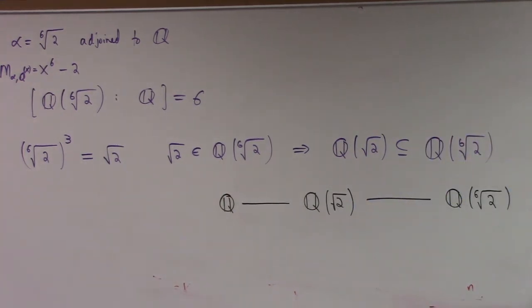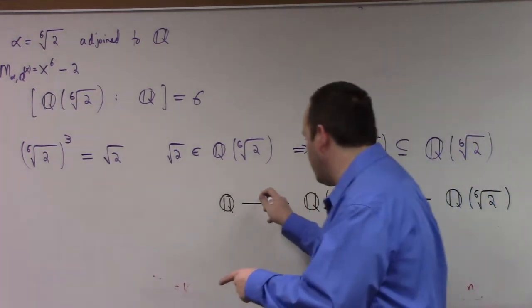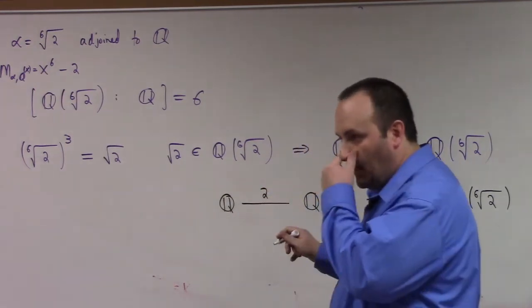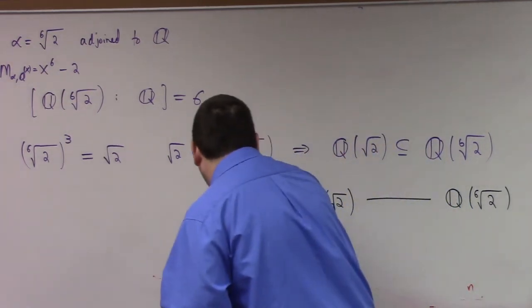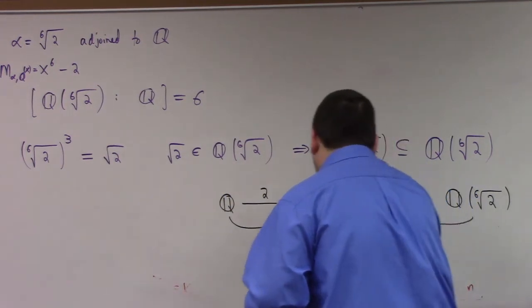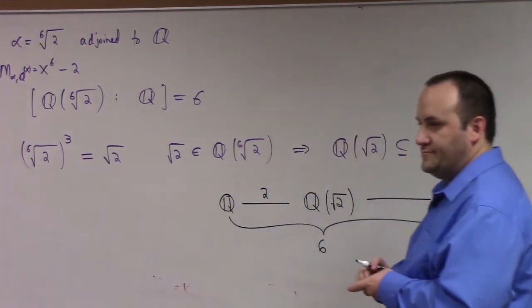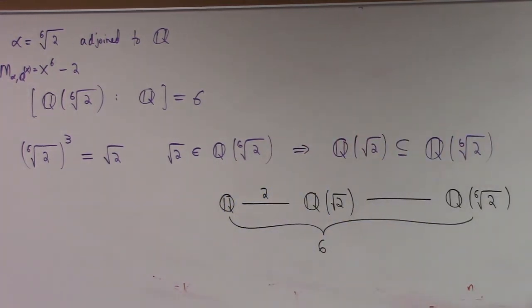They're not that careful with their spacing, but of course we know this is a degree 2 extension, right? We know that this altogether is a degree 6 extension, right? So what does that say? By the corollary, that has to be 3, right?